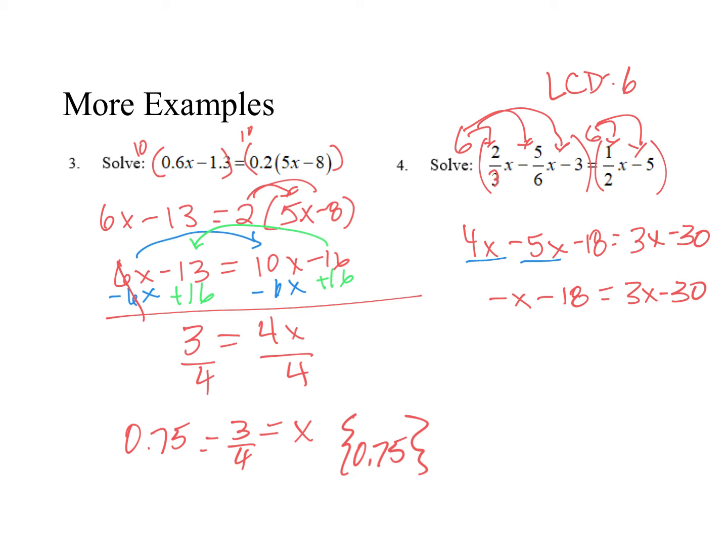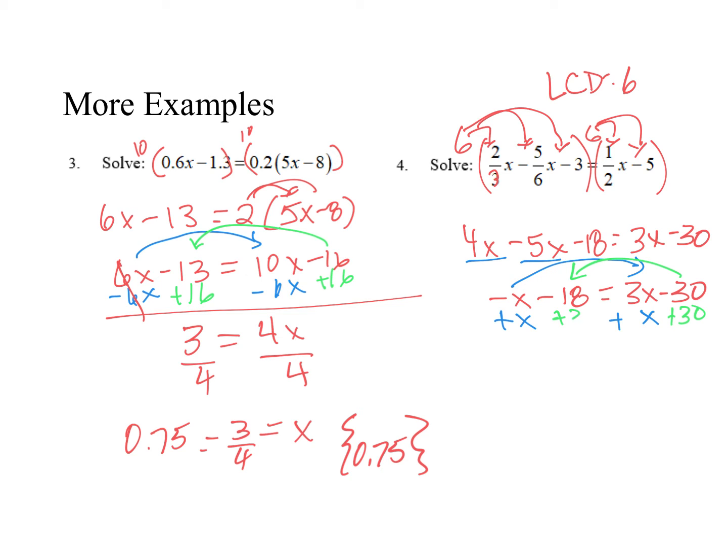And now you can see that I have one variable term and one constant on the left, variable and constant on the right. So now I'm going to start moving my terms. I'm going to choose to move the x's to the right. Again, I like to keep my x's positive. If you like to always go variables to the left, constants to the right, feel free to do that. But since I'm moving my variables to the right, I'm going to move my constant to the left.